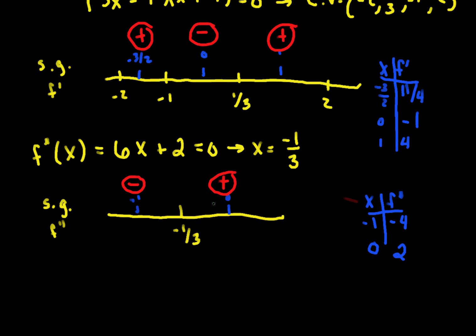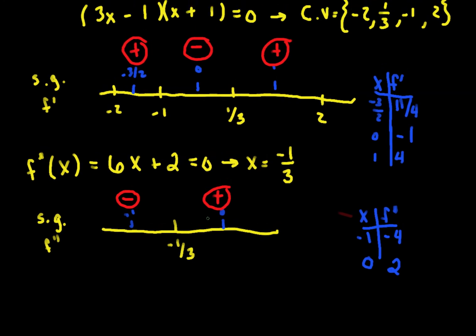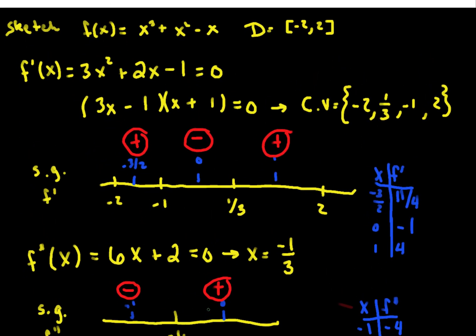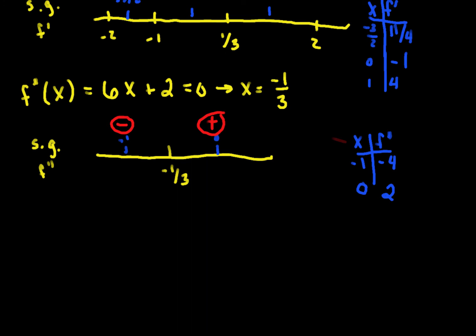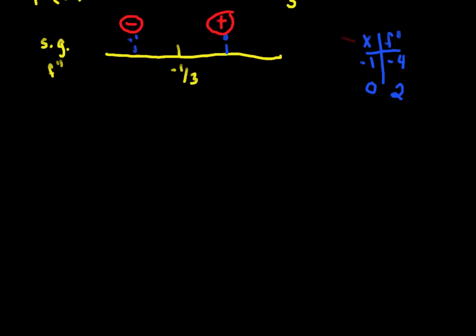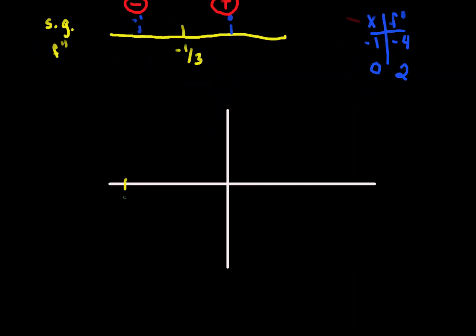And that is enough, at least to give us a general sketch of the function. We may want to have like a nice anchor. Let's graph the function. So our range is from -2 to 2.